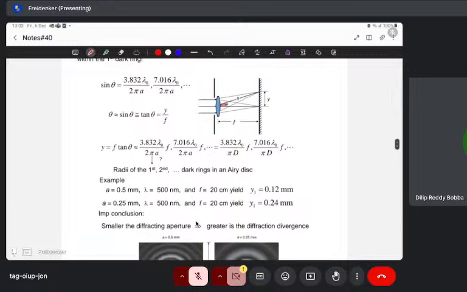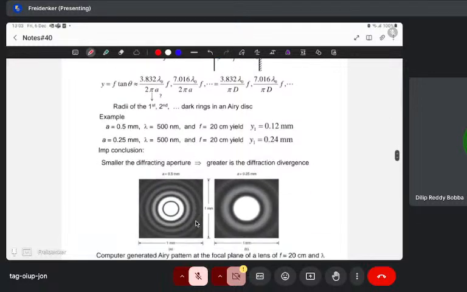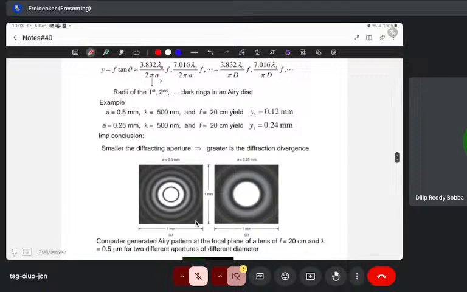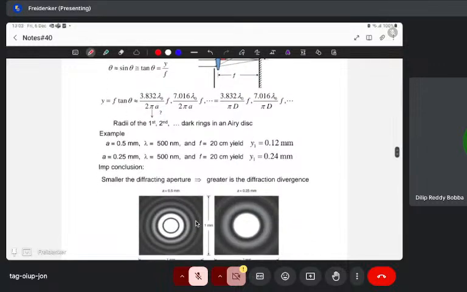But you have to know the concept. So what is the concept? Important conclusion. So we were talking, right? If you decrease the size of the aperture, then the effects of diffraction will be more visible.